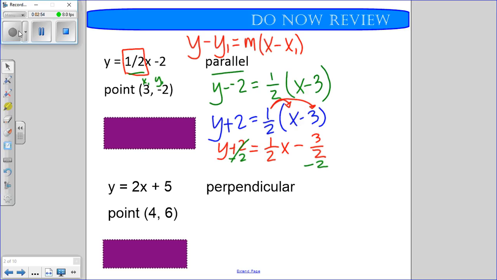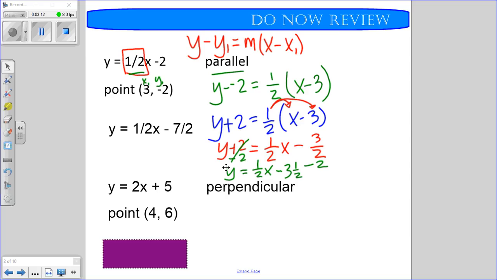All right, so on this side, I'm left with y equals 1/2 x minus 3 and 1/2. Or we can change that 3 and 1/2 to 7/2. Those are the same thing.